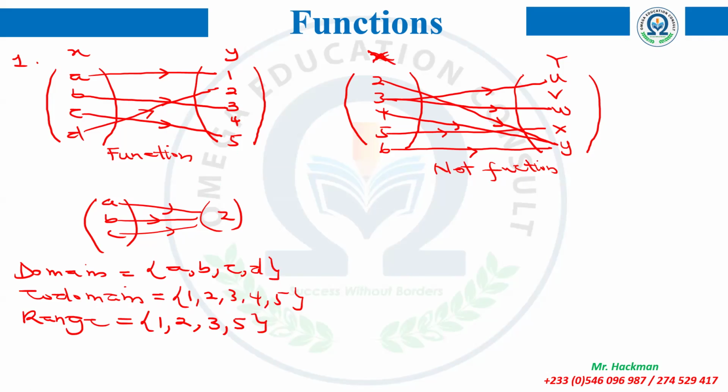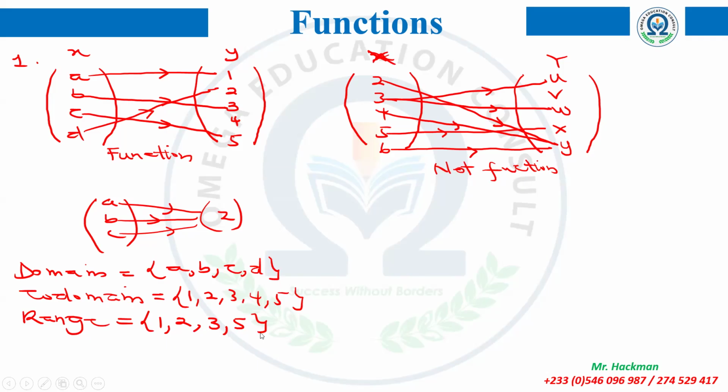So now you know how to distinguish between domain and codomain, and codomain and range. You can always see that the range is always a subset of the codomain, whether it's a proper subset or an improper subset. A set here is a subset of this.